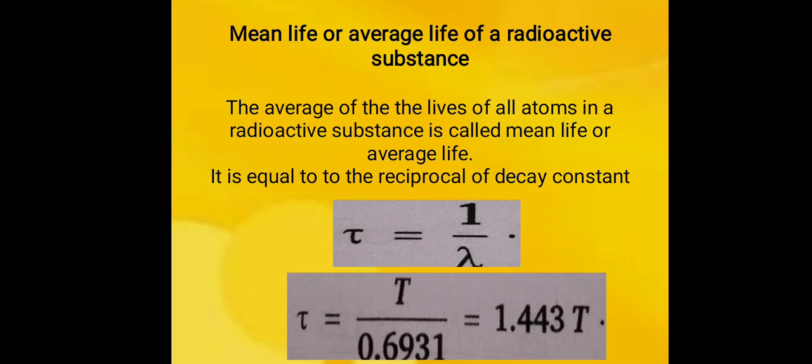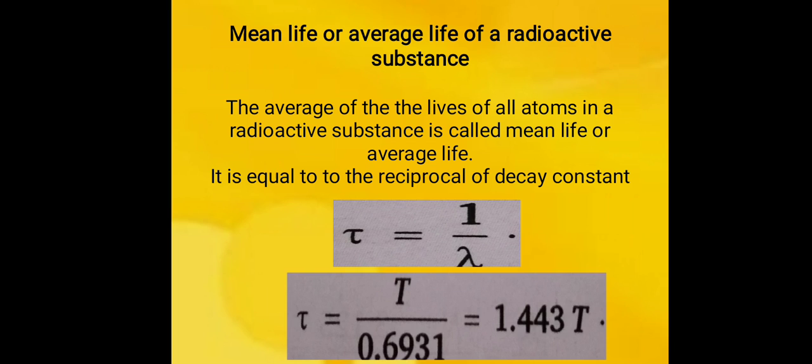Then next is mean life or average life of a radioactive substance. What is mean life or average life? The average of the lives of all atoms in a radioactive substance is called the mean life or average life of that substance, and it is denoted by tau.